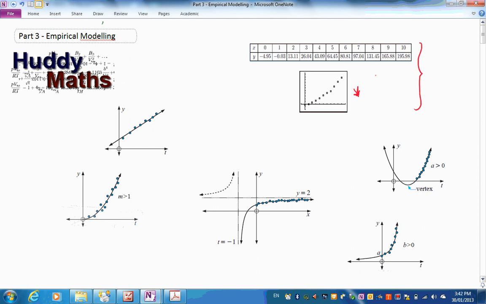These are graphs I guess you might obtain from data sets like this, and generally we won't always have y's here, will we? We'll generally have a letter to represent the actual parameter within the problem. The variable within the problem could be numbers of bacteria, population, numbers in the population, something like that.